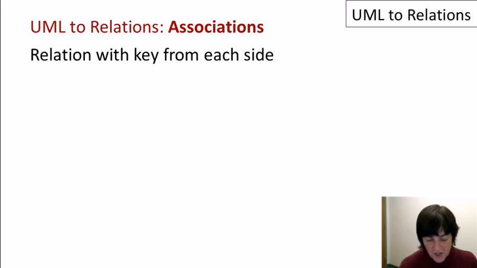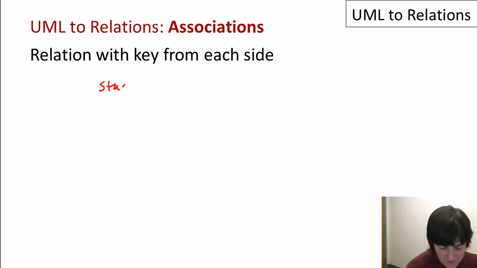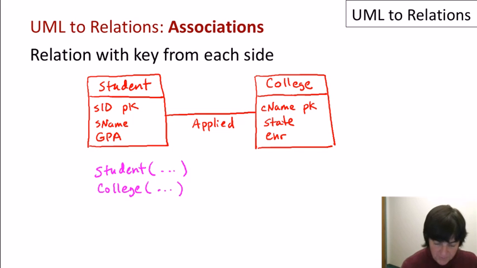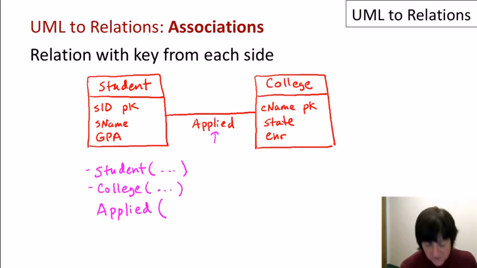We'll see that each association is going to be translated to its own relation that grabs a key from each side of the association. So let's go to our example, the same one we used earlier, that has students applying to colleges. So here's our UML diagram with students applying to colleges, and we'll already have generated the 2 relations for our classes, the student and the college relation, and for the association applied between students and colleges, we create a relation, we call it applied, and that relation has as attributes the keys from both sides.